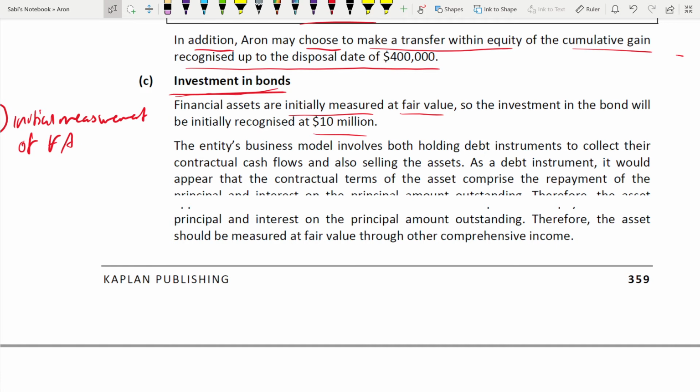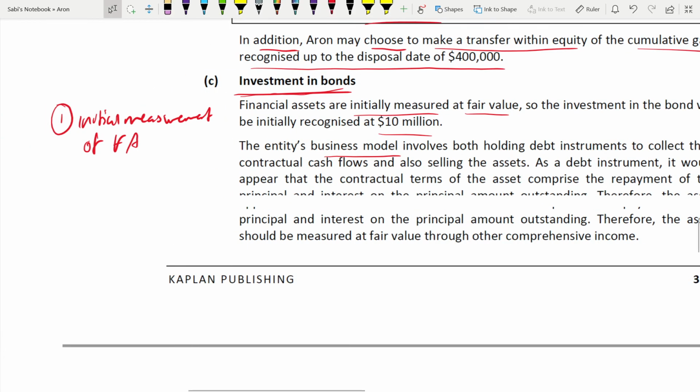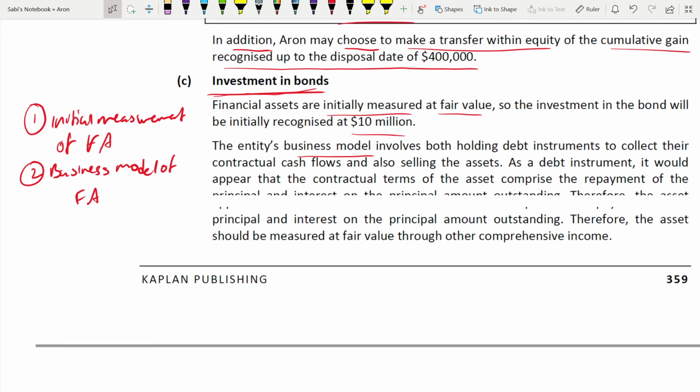Second, talk about the business model. Because for later recognition, when you have to subsequently remeasure it, you need to know the business model. So second is the business model. Whether you are selling it, keeping it, and based on what. So the business model involves both holding the debt instruments and selling the asset.